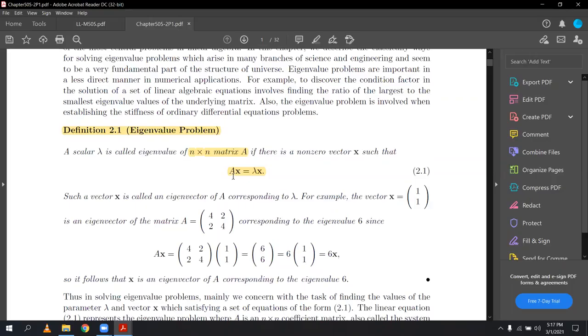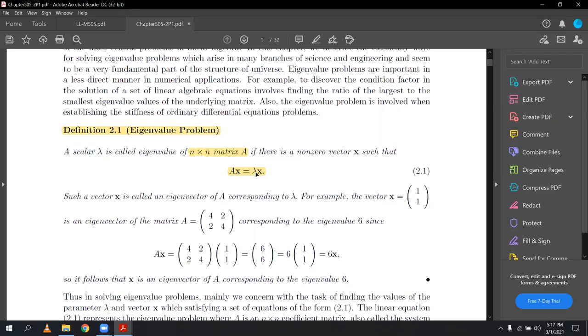If you look here, what is the difference between our previous linear system equation and this one? Here we have one extra thing, which we call lambda. Of course, we don't have b here, because the right-hand side is 0, since we are dealing with the homogeneous case.